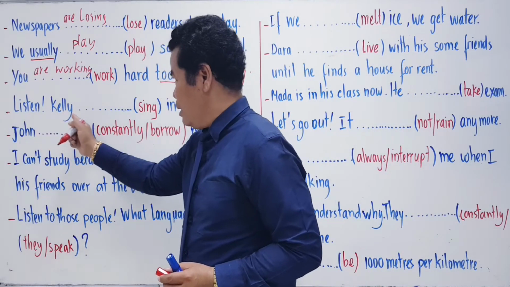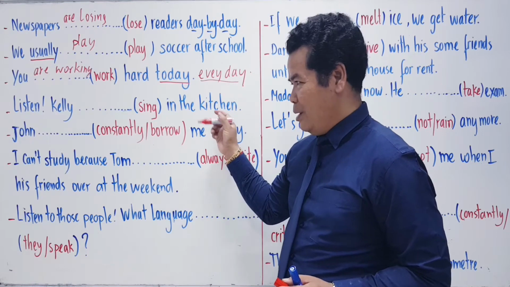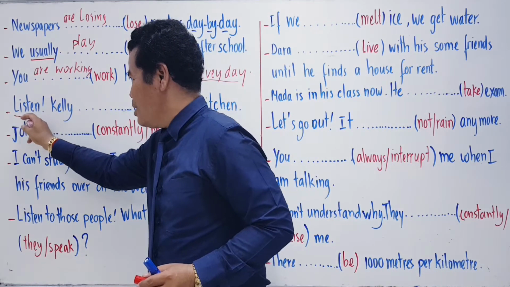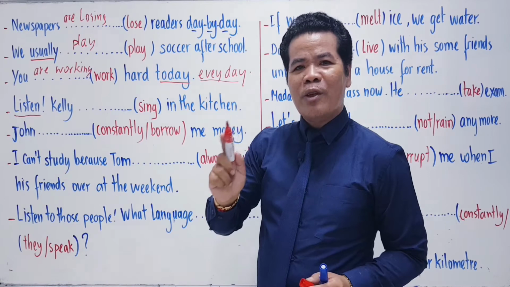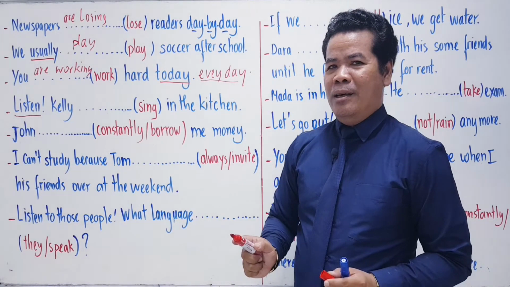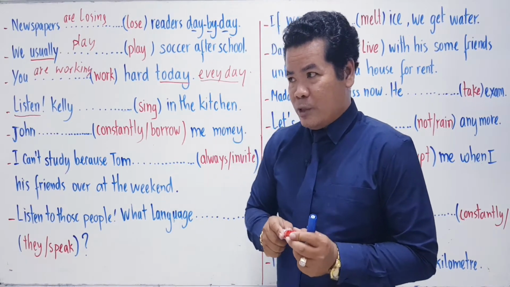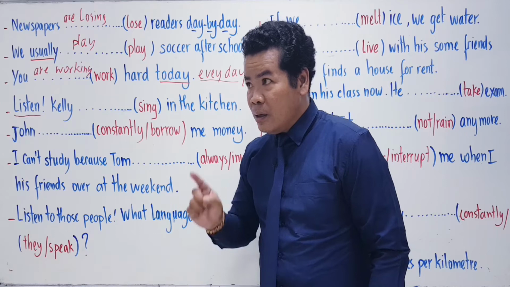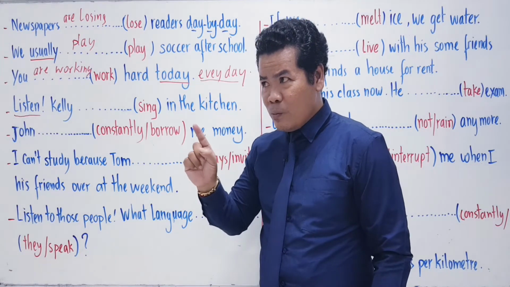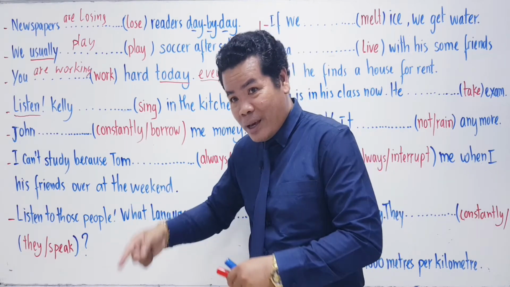Okay, so look at the other example. Listen, Kelly blank sing in the kitchen. Listen is also one of the key words showing the present progressive. For example, I say, hey, listen, someone is walking. I hear the sound of stepping on the floor.